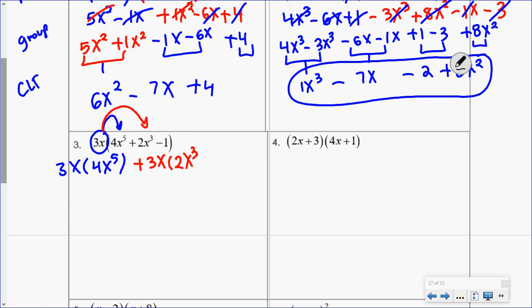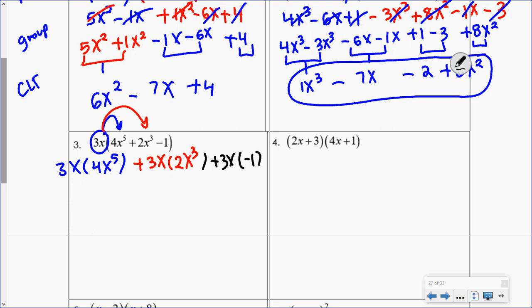Then plus 3x times negative 1. So before we move on, I want you to make sure that you're putting those parentheses there. And when we go through this problem, we're going to multiply numbers, and then we're going to count our x's because they're side by side. When we multiply variables, we're counting them.